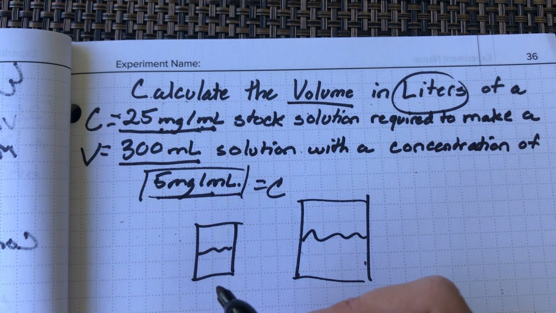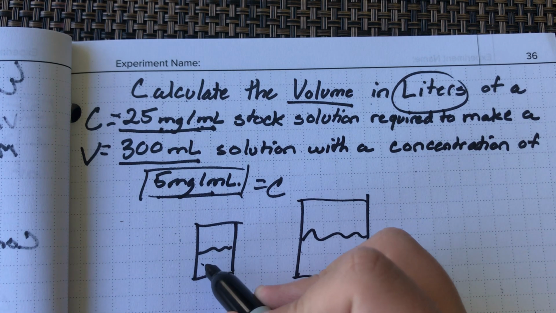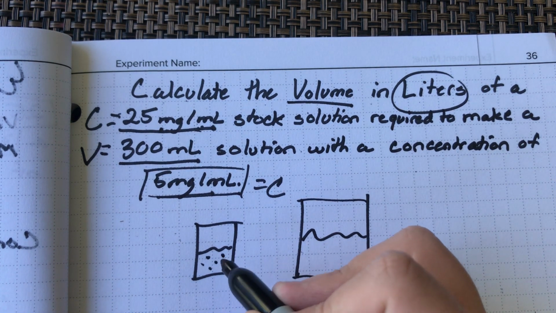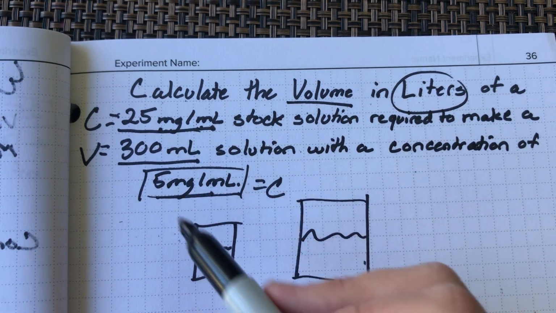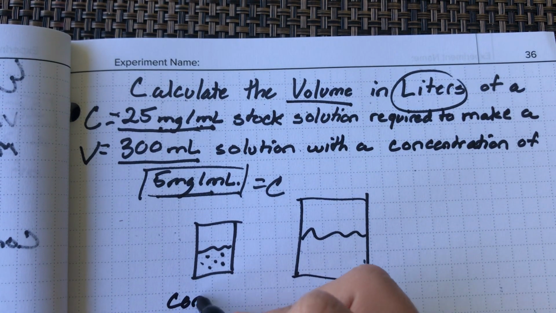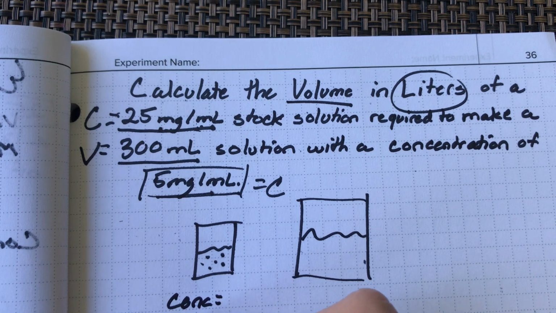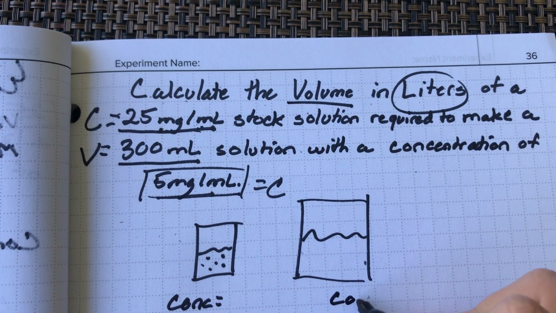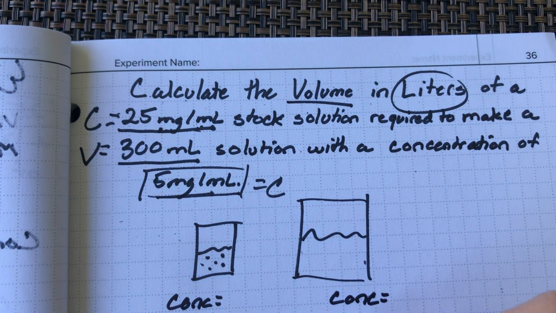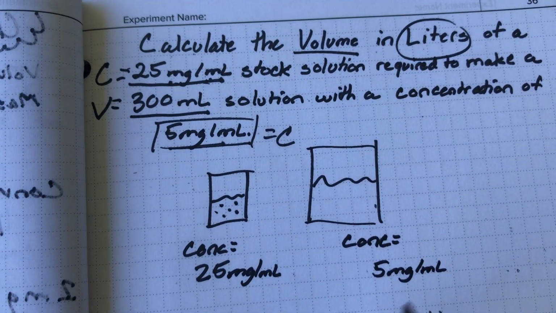Okay. But we do know that the concentration of how much stuff is in it is a lot more than the second one. So in this first one, we know the concentration is equal to 25 milligrams per milliliter. And this one is 5 milligrams per milliliter. My bad. There you go.